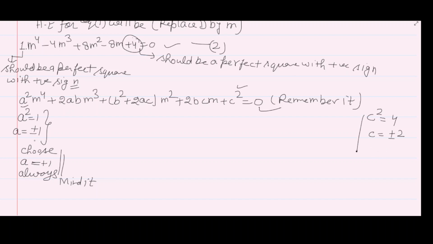Okay, now this is our second step. So this is our step 1 and this is step 2. Now step 3 will be: put a line. The value of 2ab will be equal to minus 4.